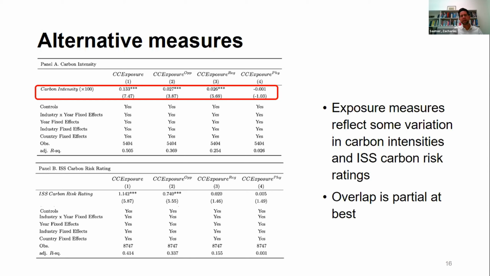And we also have other examples in the paper illustrating that those firms that produce a lot of emissions seem to also at the same time have a lot of opportunities, for example, because they also have lots of renewable energy projects, which again highlights it's important to look at the firm level and at the specifics with regards to these aspects. There's also a relationship, but it's only a modest one, with the ISS carbon risk rating. So that suggests that our measure does, to some extent, capture other aspects.